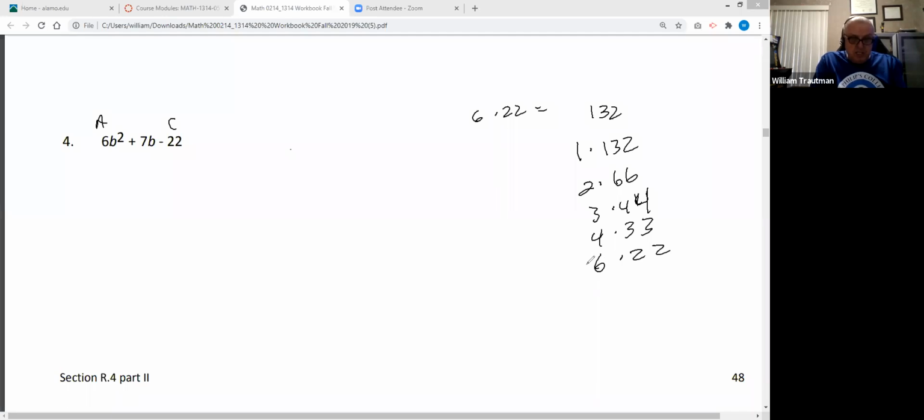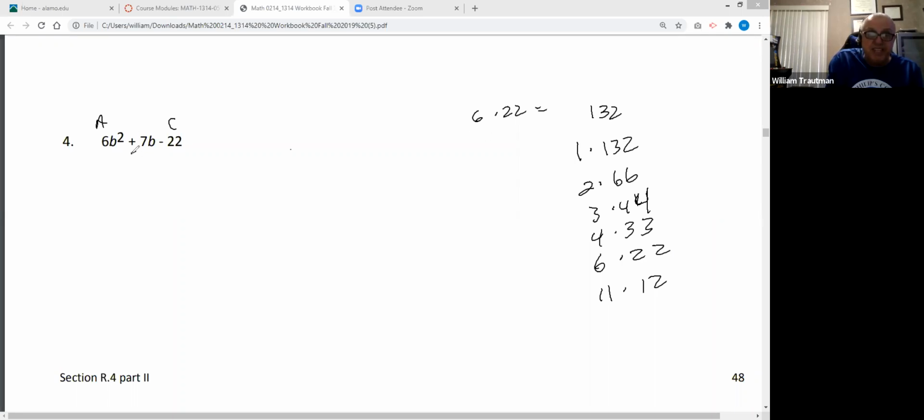No. By 10. No. By 11. Yes. 132 divided by 11. 11 times 12. So we got right up to the next number 12. So I know I don't have to go any further. So these are all the pairs that multiply to get 132.